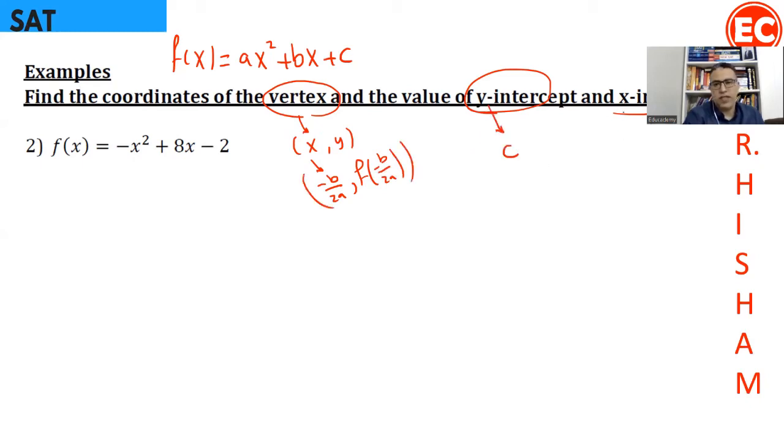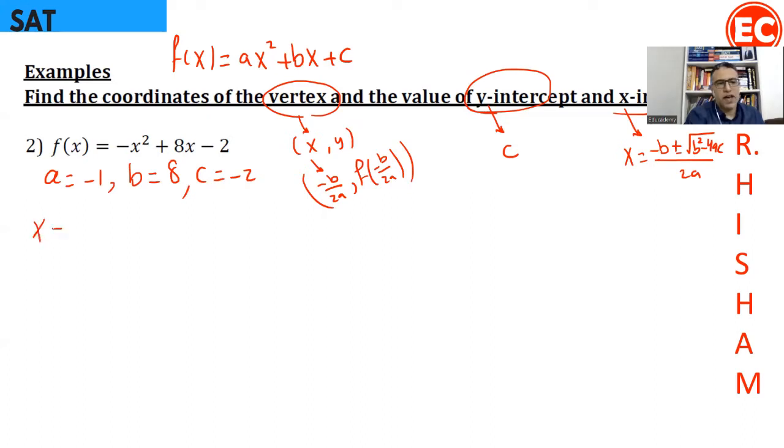The y-intercept is the value of c, and for the x-intercept, I can use the quadratic formula: x equals negative b plus or minus the root of b squared minus 4ac, divided by 2a. So a here is equal to negative 1, b is equal to 8, and c is equal to negative 2.